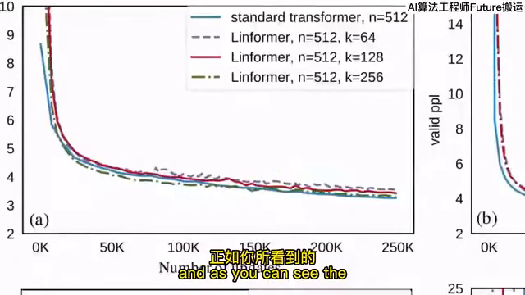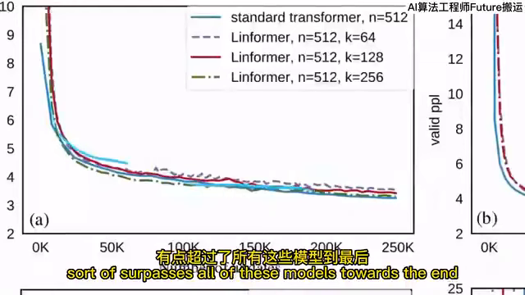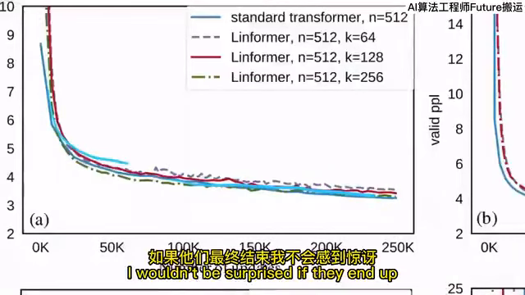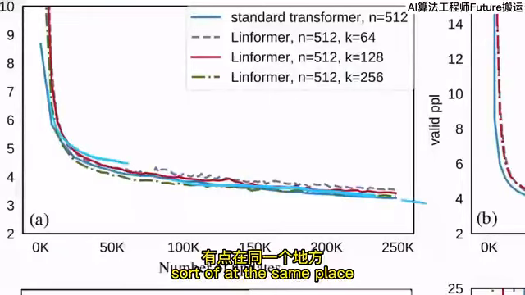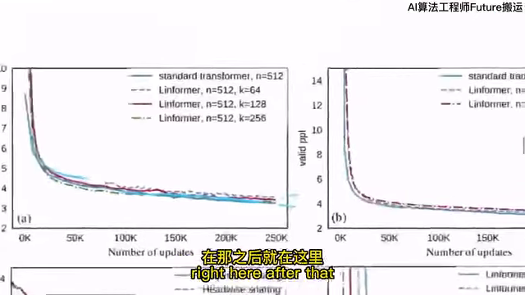And as you can see, the standard transformer sort of surpasses all of these models towards the end. I wonder what happens. I wouldn't be surprised if they end up at the same place, but I wonder if these diverge even more after that.